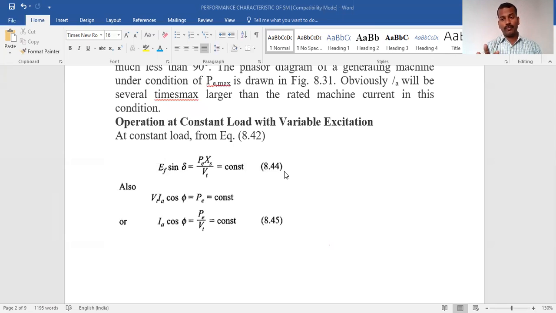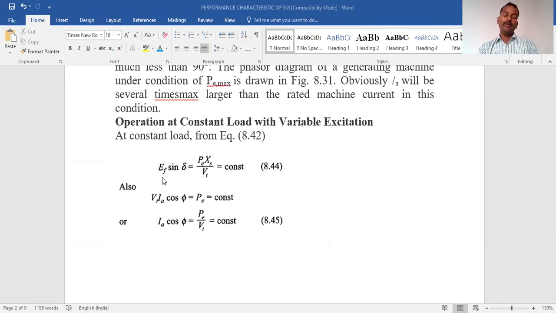Here VT is already assumed constant for the given synchronous machine. Synchronous reactance will be constant, and hence the remaining two things, EF and sin delta, must be constant if you have considered the load to be constant. Is it clear? I hope this line is clear to you all.